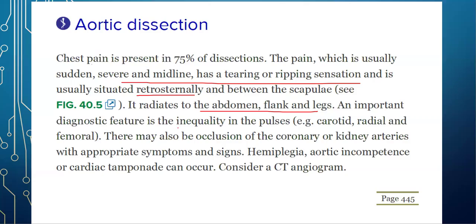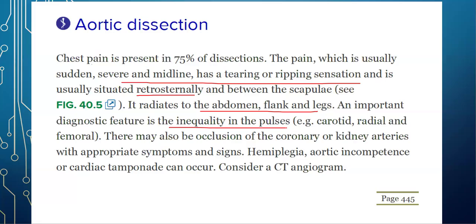If you check the pulse, you can get unequal pulses in the radial arteries or femoral arteries. So it's a very classic presentation. The type of the pain will lead you to think that this is aortic dissection.